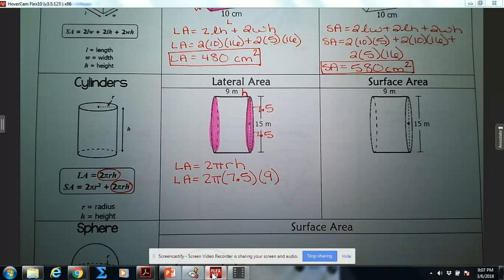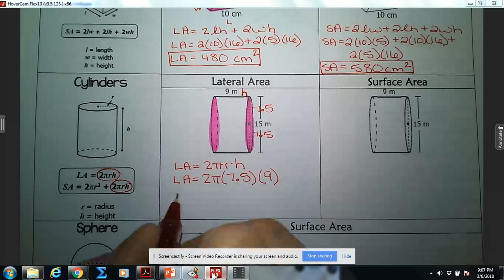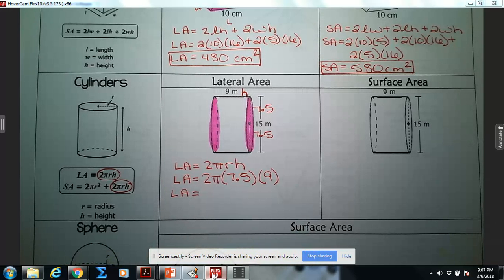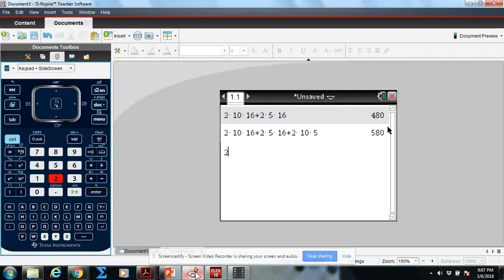Now we're going to get an exact value with pi in the number, and then we're going to get a rounded value. To get the exact value, I'm going to type in everything except for pi. Get my calculator. 2 times 7.5 times 9.